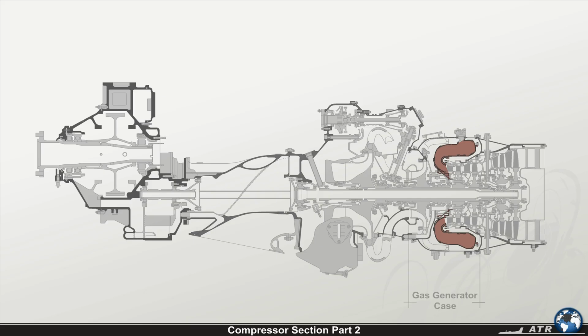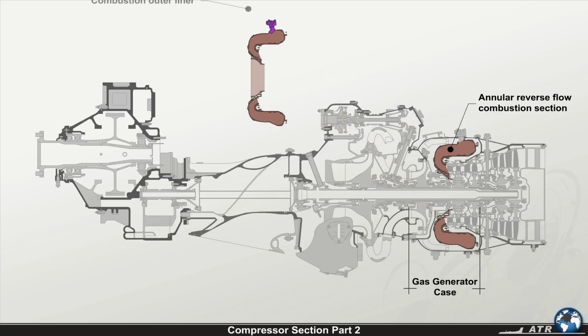Combustion takes place within the gas generator case, which contains an annular reverse flow combustion section, consisting of a combustion outer liner and a combustion inner liner.